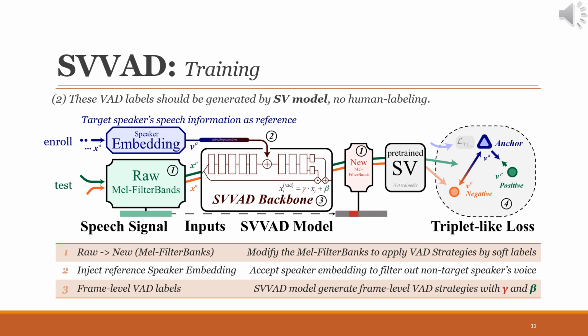Secondly, the target speaker's speech information will be used as a reference for the SVVAD model. With this, the model could know how to filter out the target speaker's part. Thirdly, the way to modify the mel filter banks is to calculate gamma and beta for each frame.